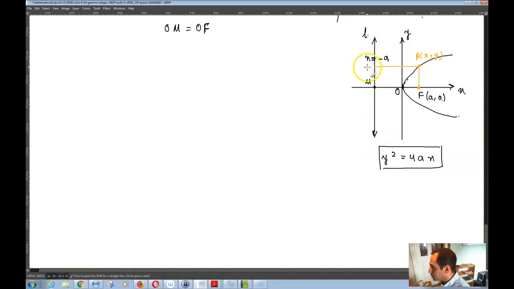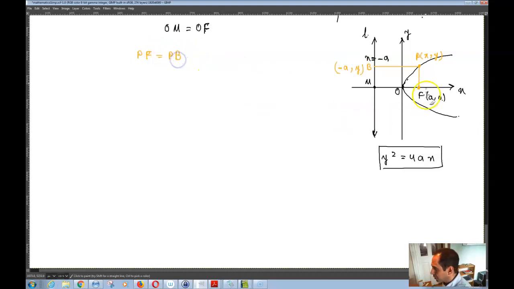I can call this point B, with coordinates (-a, y) over here. So I know that PF is equal to PB.